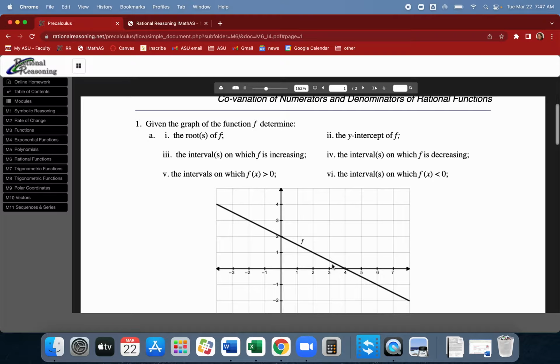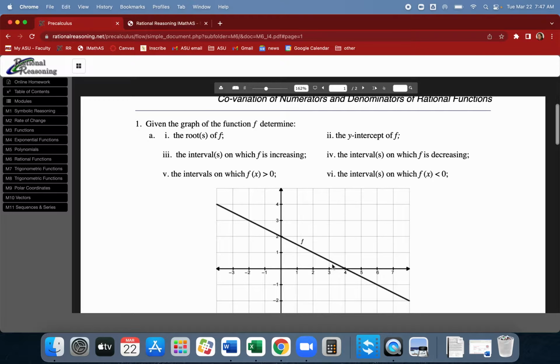From left to right, least to greatest, f of x is negative. Where's the leftmost place where f of x is negative, or where's the left boundary? 4. Yeah, 4 through infinity. So it's talking about this section of the graph.